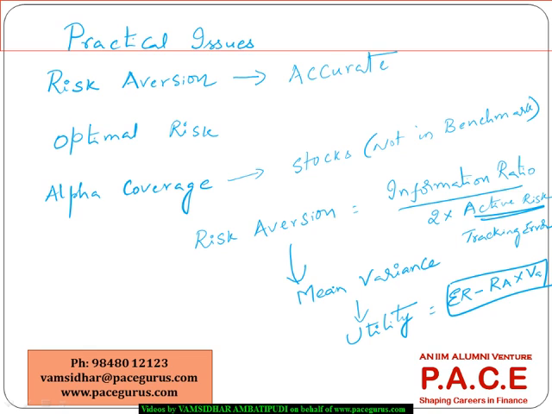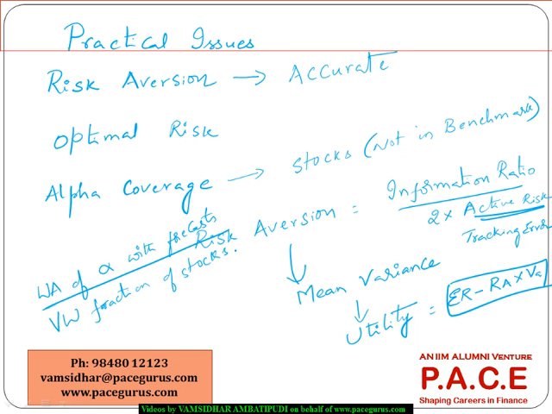At the same time, when I talk about a proper alpha coverage, we are talking about the weighted average of alphas with the forecast, and we are dividing it by the value weighted fraction of stocks with the forecast, where the value weighted fraction of stocks comes as the sum of active holdings with the forecast.